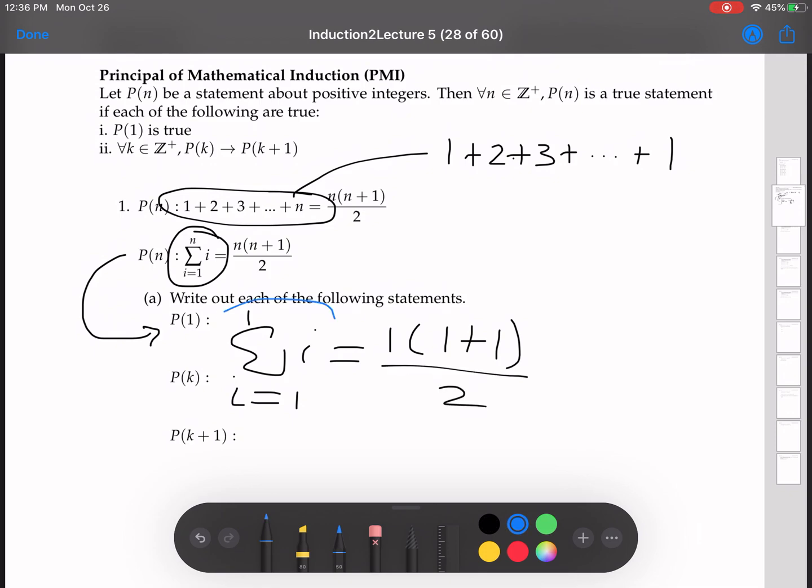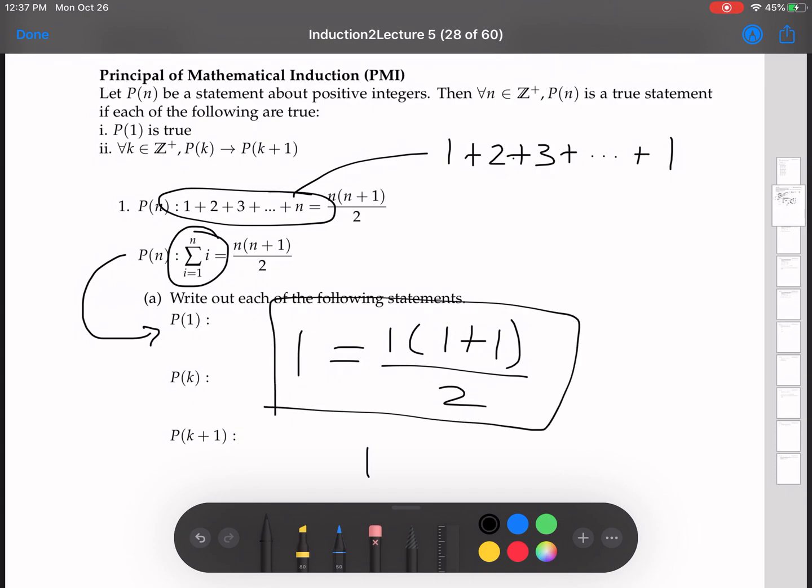Now notice that this right here, whatever that notation tells you to do, this is the sum from 1 to 1 of just the number itself. So this is just 1. So what P of 1 is actually saying is just 1 is equal to that. That's P of 1.